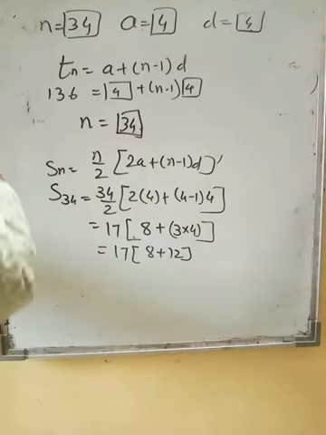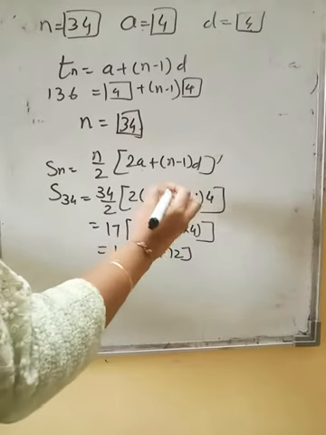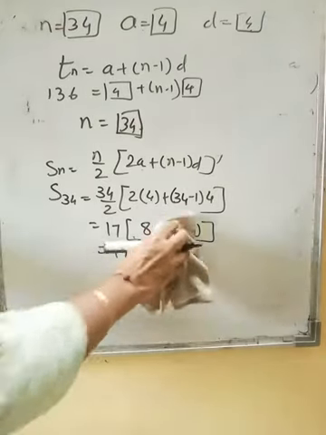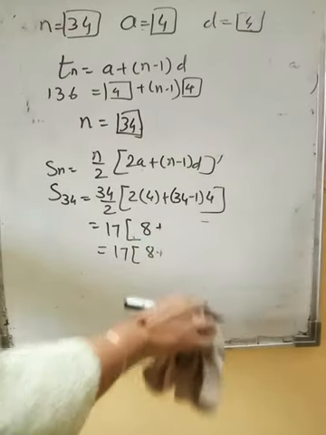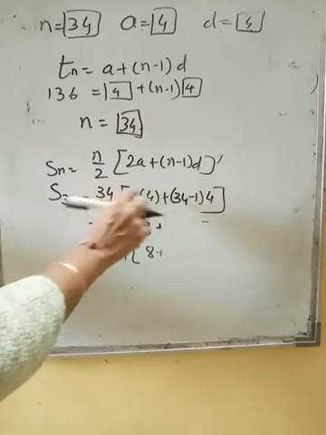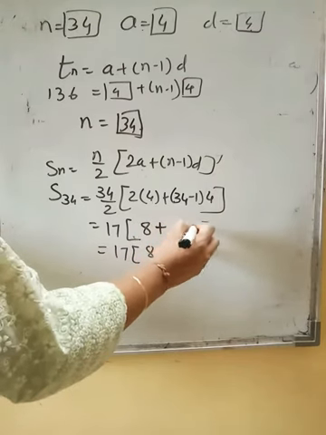Sorry, N is 34. So wherever you get N, you have to put 34. So here 34 minus 1. So that is 33 into 4.